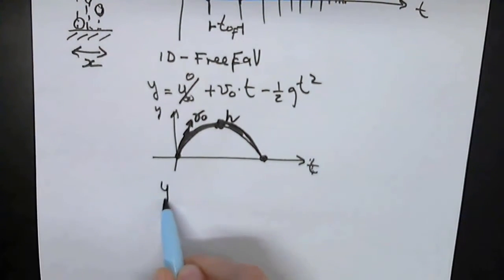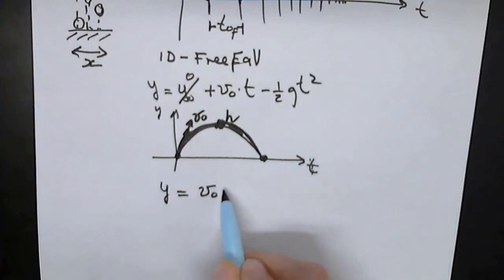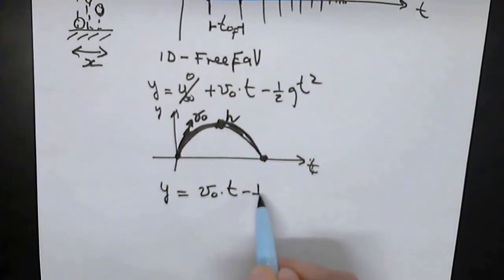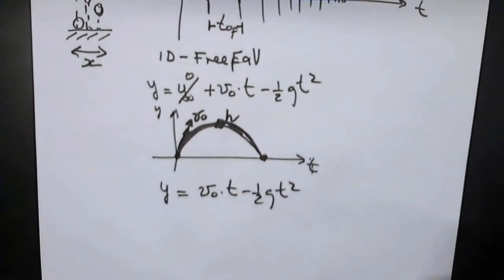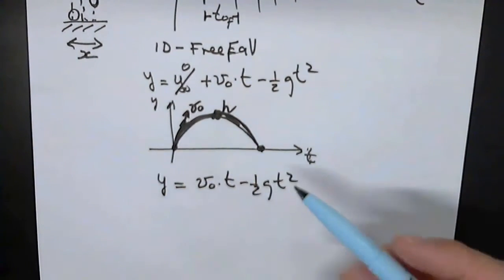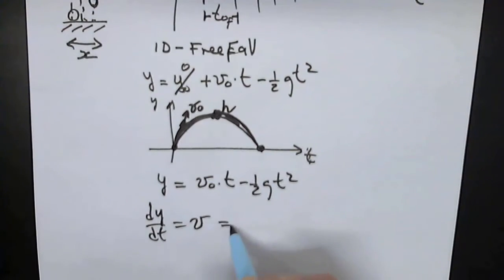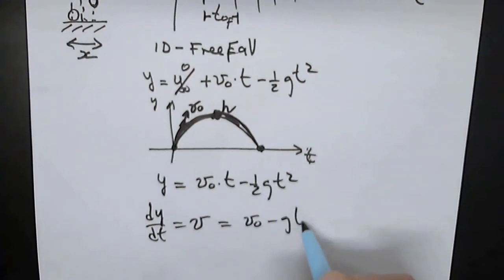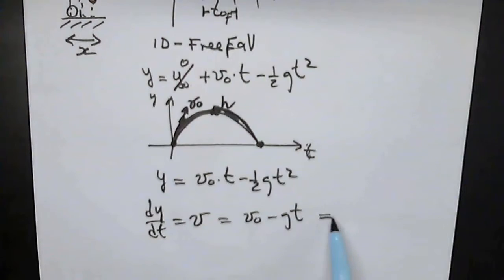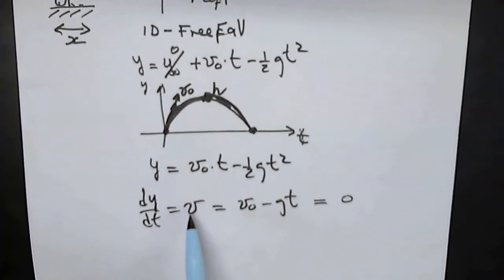Alright, so we have y equals v naught t minus 1/2 g t squared. And we know that the maximum height happens when the velocity is 0, and that's obviously because dy/dt is the velocity, and that is v naught minus g t. And you set the derivative to 0, the velocity is 0 at the top.